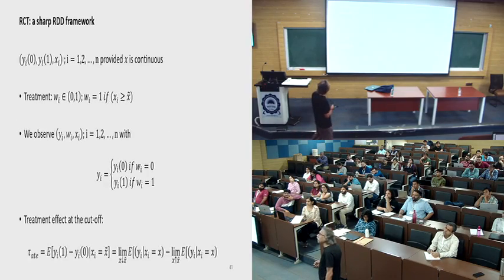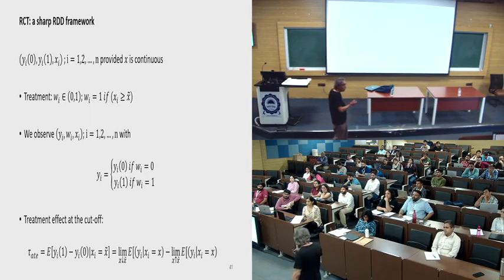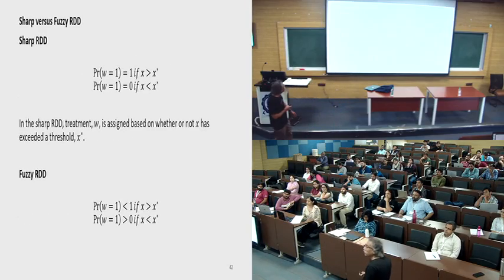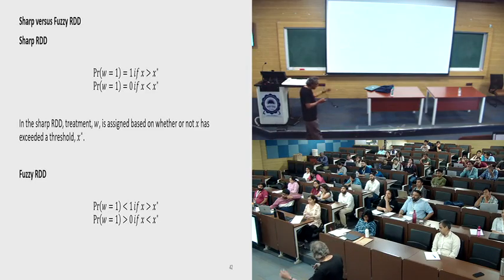Recall in the previous case, it was deterministic, it would take the value of 0, it would take the value of 1. Here it is more like a probabilistic sense. Clear? Fine. And that's what I want you to think of, the difference between the fuzzy RDD and the sharp RDD.